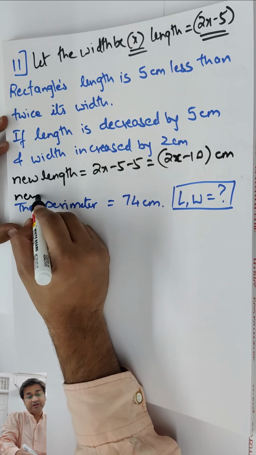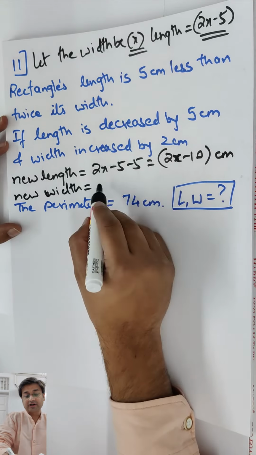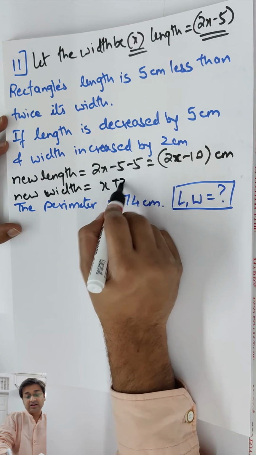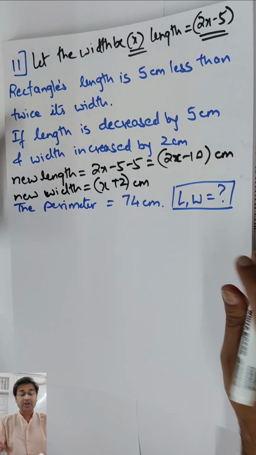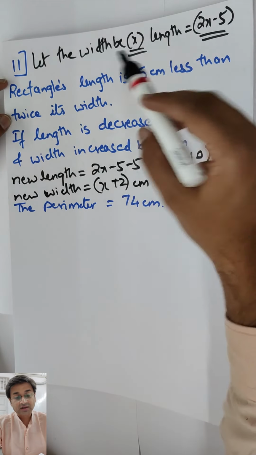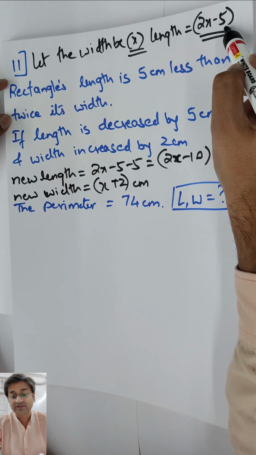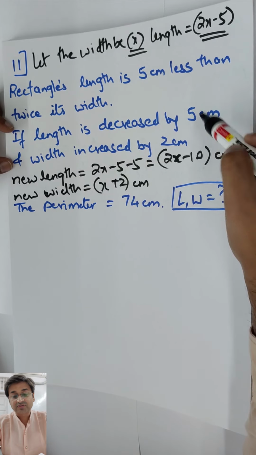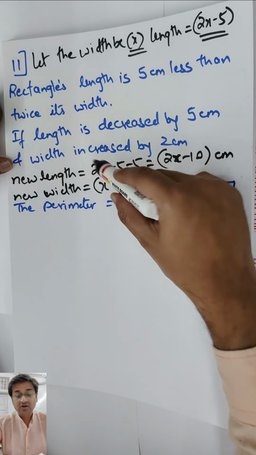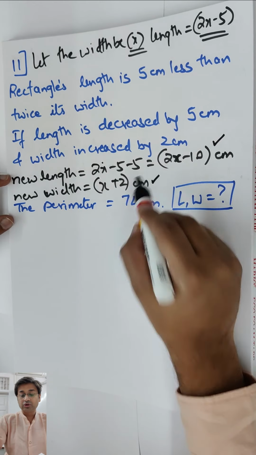And new width, they said width is increased by 2, so right now the width is x, increased by 2, so x plus 2. So you have to go part by part. I have broken this into 3 parts. First, assume rectangle's length is 5 less than twice the width, so length is 2x minus 5. Then length decreased by 5. Width increased by 2. So we got the new length, new width.